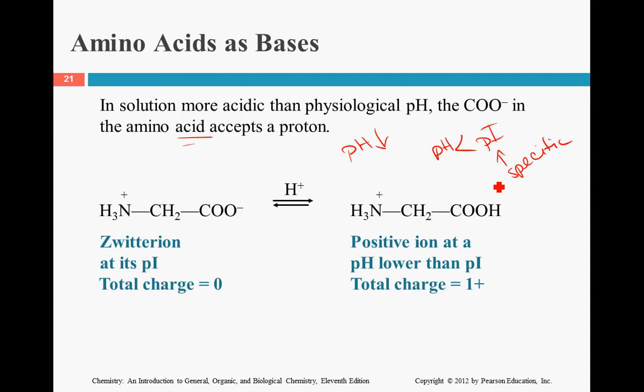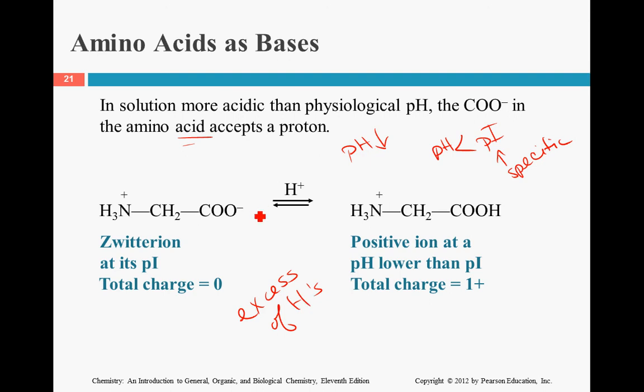If we have a lower pH than that, that means you're in an acidic environment, which means that you have an excess of hydrogens. That, by definition, is what an acid is, something that gives off hydrogens. So when you're measuring pH, you're measuring how much hydrogen is there. So if you have a low pH, meaning more acidic, it means you have a lot more hydrogens.